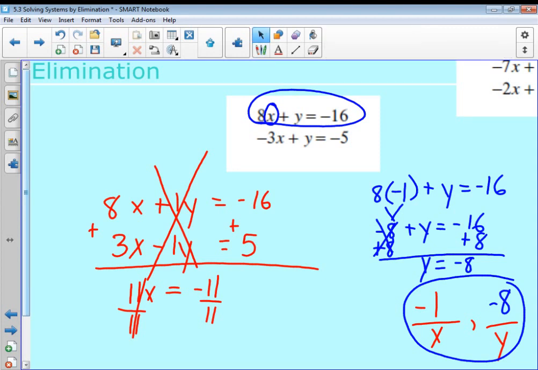Okay, take note that the part that took the longest is stuff you've already practiced. It's now going through and changing one or both of your equations to get it so that you can go through and do that elimination method.